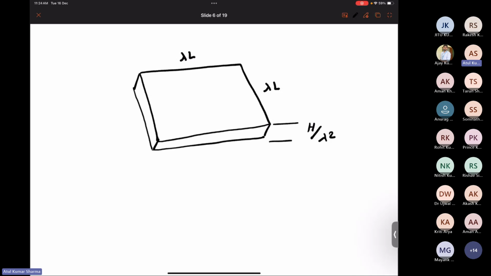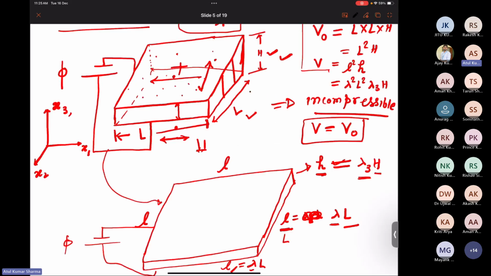So now you can say that the volume in the deformed configuration is again L square H, and for the undeformed configuration it was also L square H.